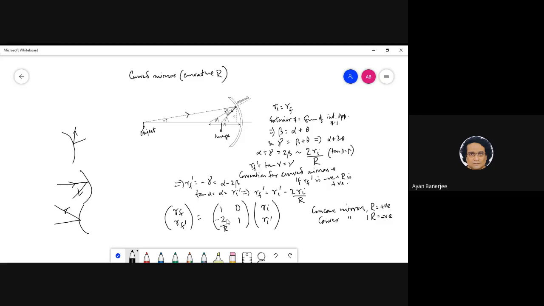So basically my convention is that if the transverse displacement reduces, I say it's negative. Rigorously, instead of saying dr by dz, we can say z could be in the direction of the ray path.